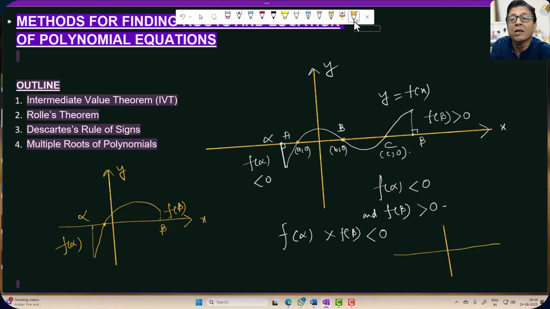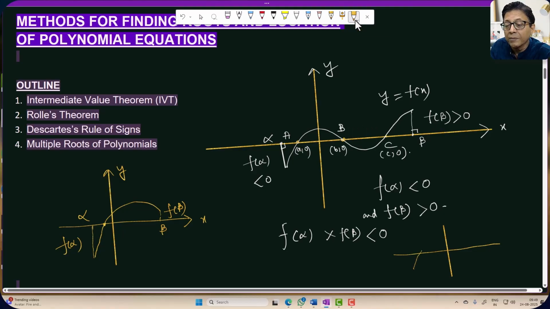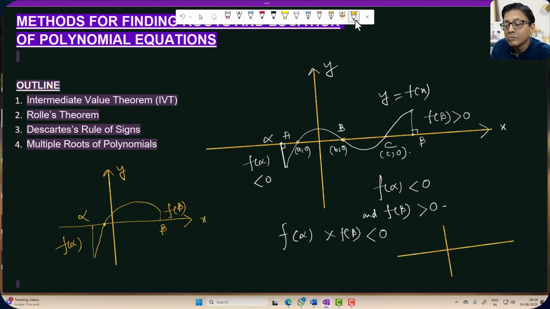If you draw the polynomial graph, see, how many roots are there? This point is alpha this time. This is alpha. This is beta.